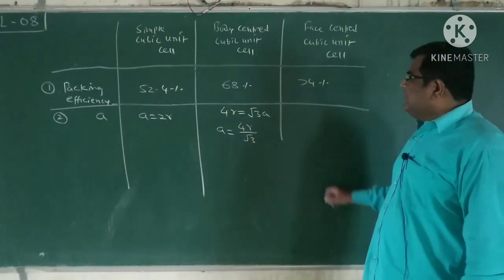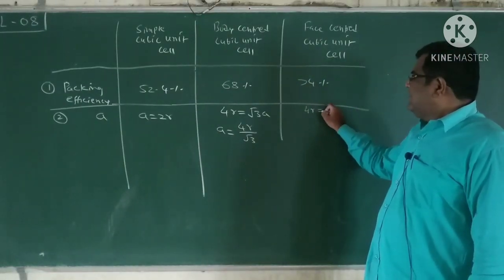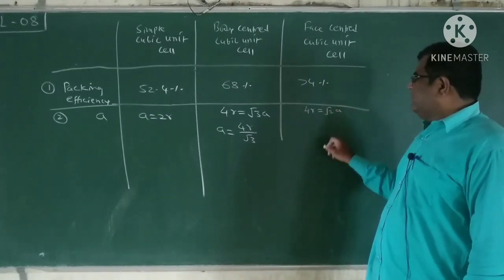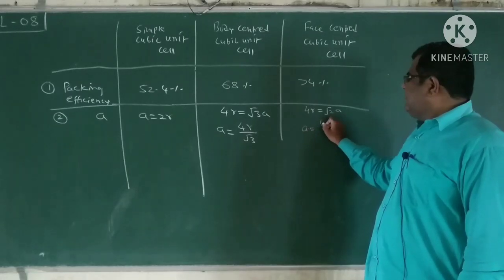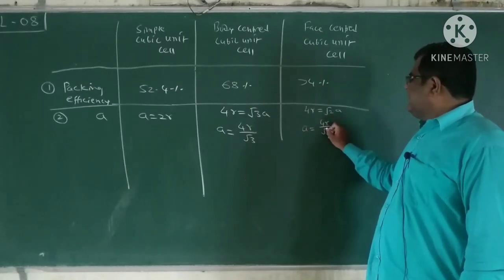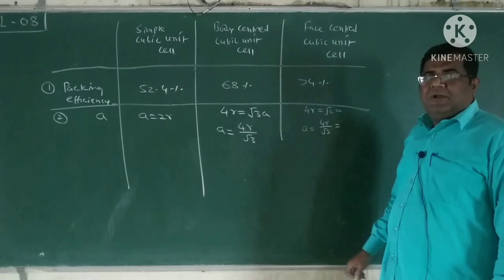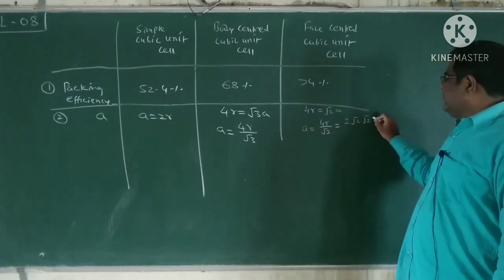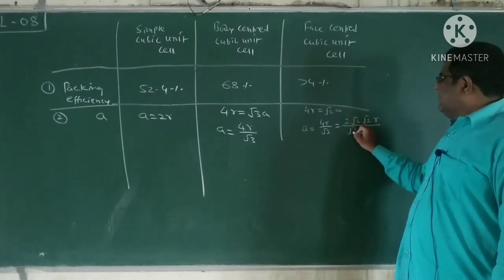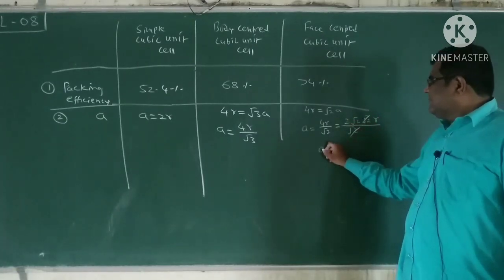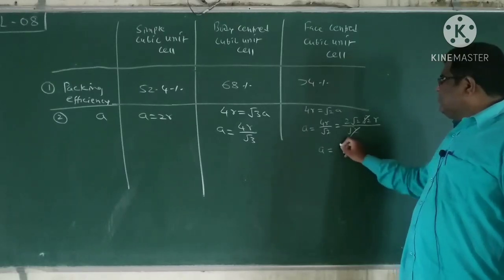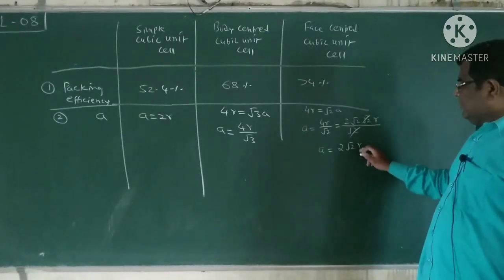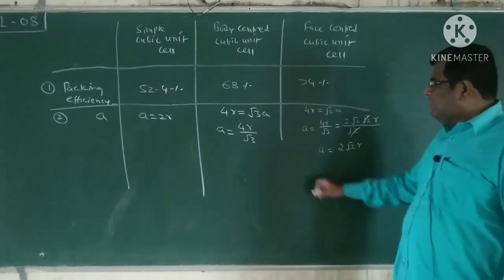For face centered cubic unit cell, face diagonal, 4 times the radius, is equal to square root of 2 a. That's why a is equal to 4 times the radius divided by square root of 2. And this 4 we have written as 2 multiplied by square root of 2 into square root of 2, divided by square root of 2. We can cancel this, and we can write a is equal to 2 times square root of 2 times the radius, that equals the edge length.